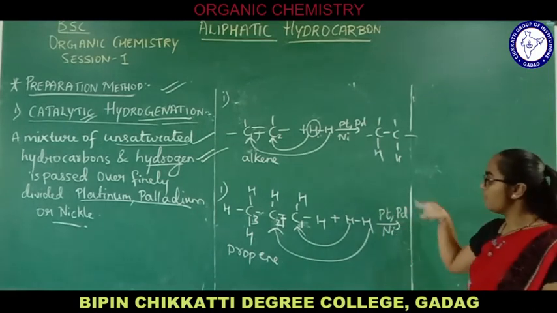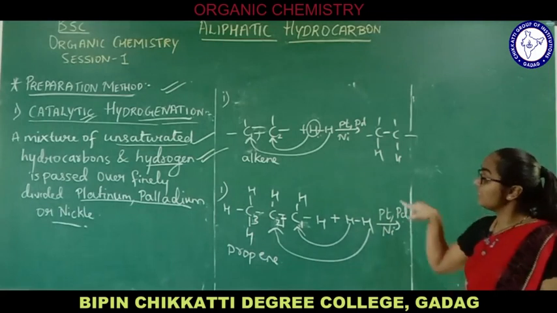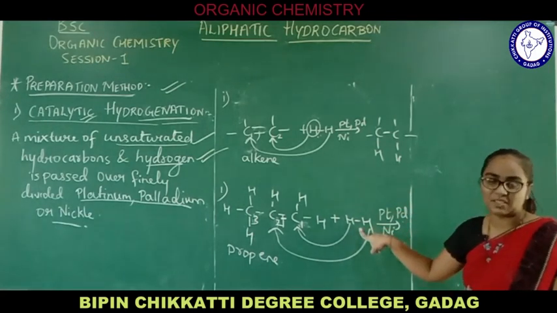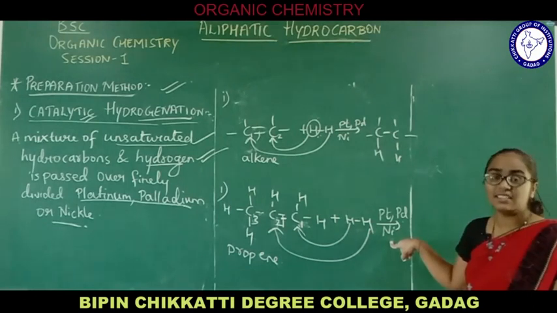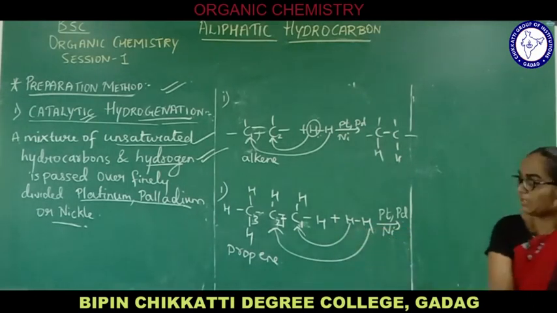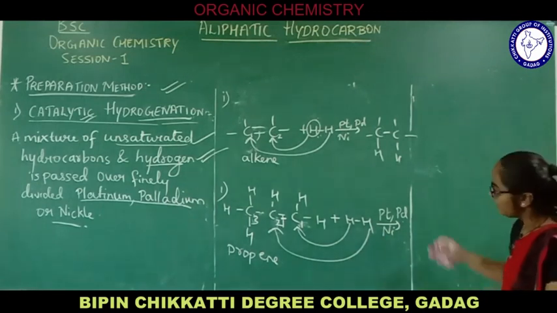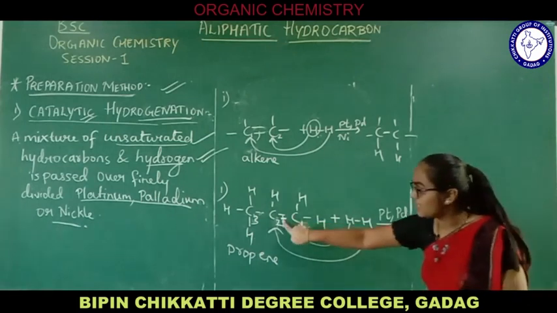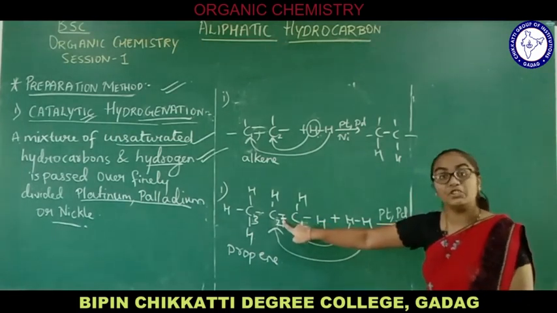This is very, very important: it is catalytic reduction, catalytic hydrogenation. In the presence of a catalyst, hydrogenation takes place, meaning addition of hydrogen takes place, right? So the main product formed here is alkane, as the double bond is converted into a single bond.